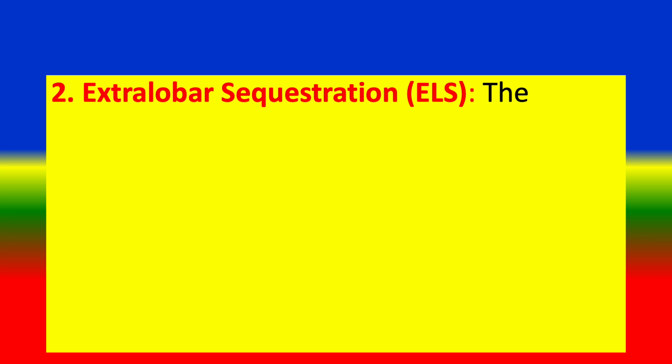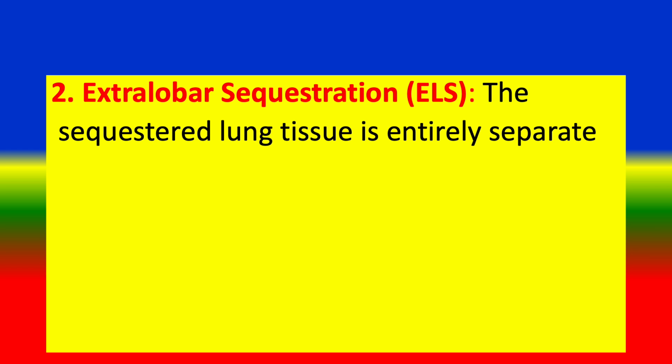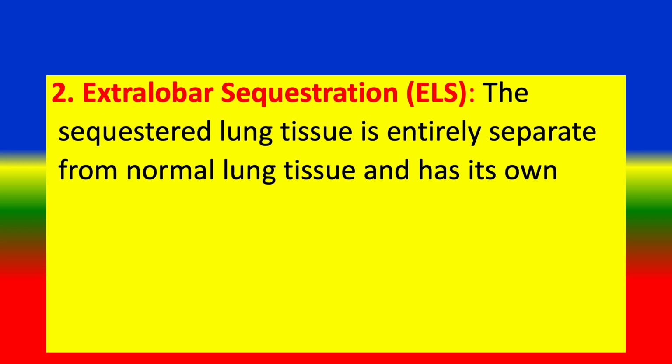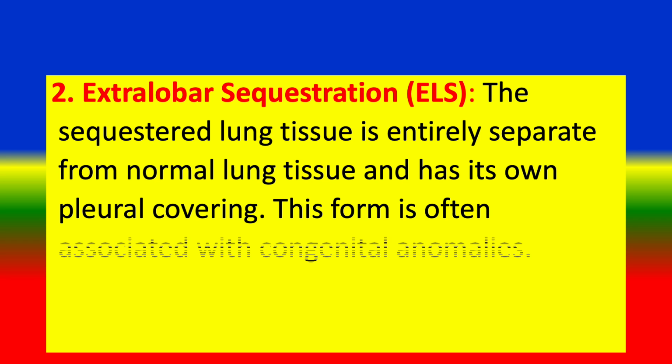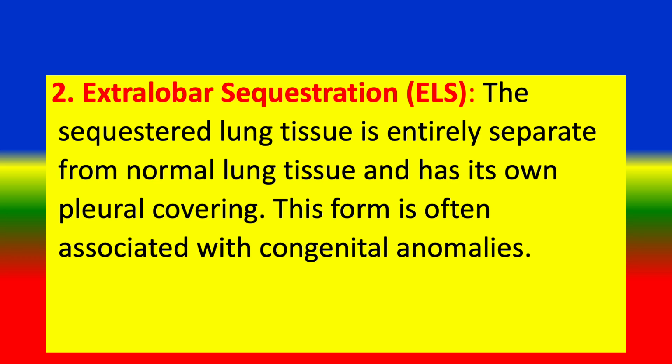Extralobar sequestration, ELS. The sequestrated lung tissue is entirely separate from normal lung tissue and has its own pleural covering. This form is often associated with congenital anomalies.